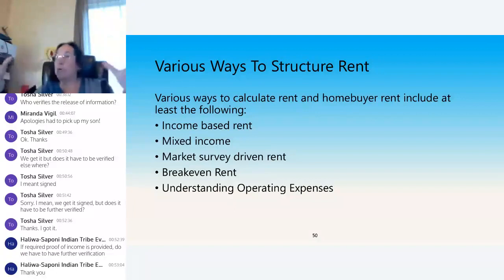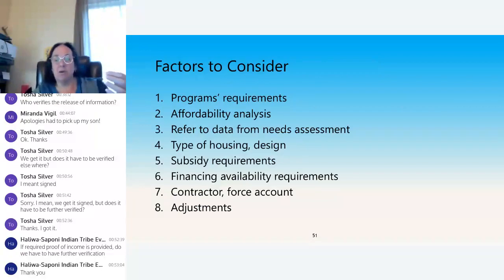If they're an apartment building or something like that, you have overhead costs that keep coming. There's various ways to calculate the rent and the home buyer rent, including at least, you can utilize income-based rent. It could be a mixed income, market survey-driven rent, a break-even rent, and making sure that you understand what your operating expenses are.